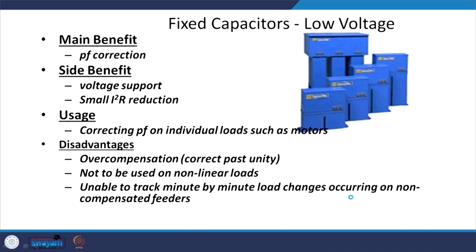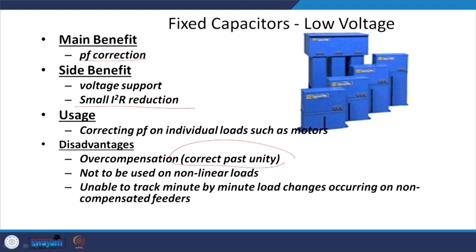So, just to wrap up, the main intention is power factor correction. A side benefit is that it recovers voltage sag, because if you terminate the capacitor it will recover the voltage sags, and gives smaller I square R drop, and correction of the individual loads and motors. But the disadvantage is overcompensation.